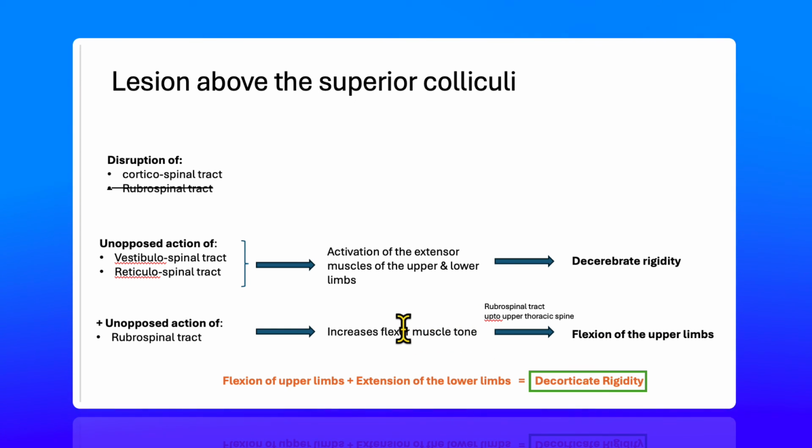So that's why in decorticate rigidity you still get the extension of the lower limbs. However, in the upper limbs, because of the unopposed rubrospinal tract, you get increased tone in the flexor muscles and you get flexion in the upper limbs.